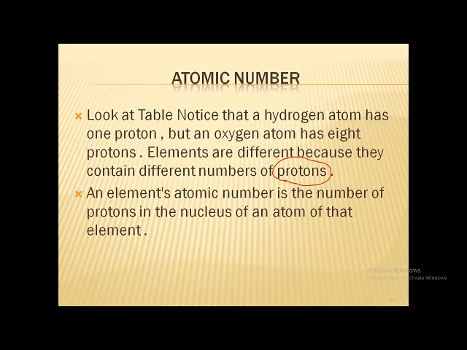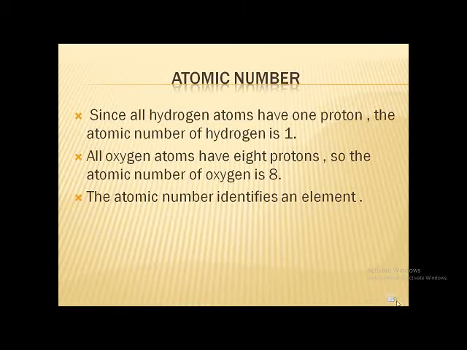If they have a different number of protons, that means we have different atomic numbers. An element's atomic number is the number of protons in the nucleus of an atom of that element. So this is the number of protons. Atomic number is the number of protons inside an atom.